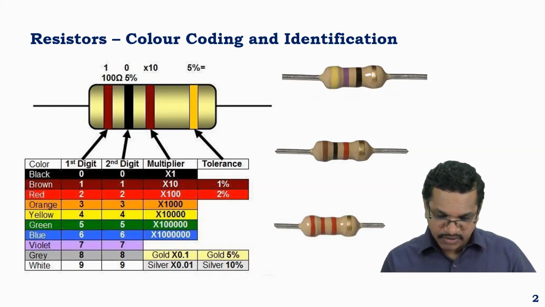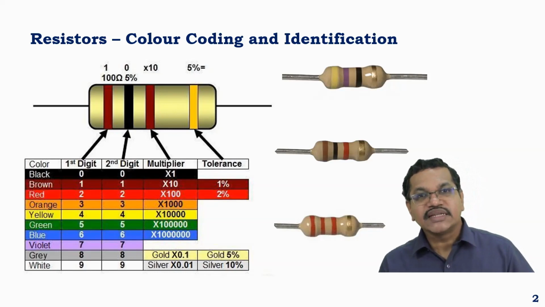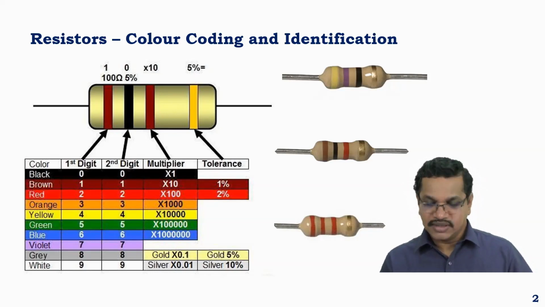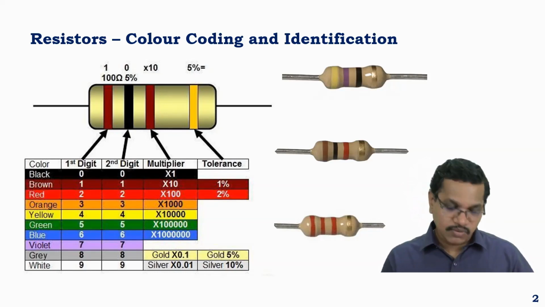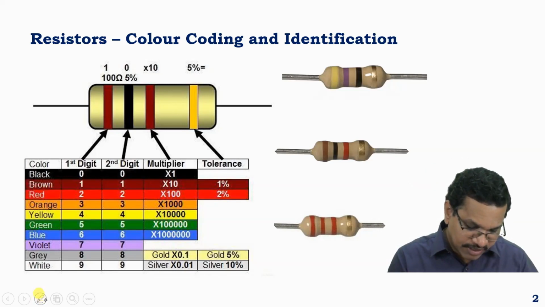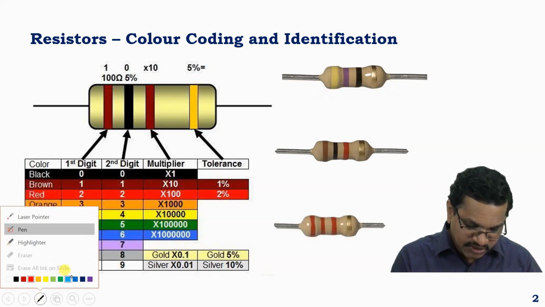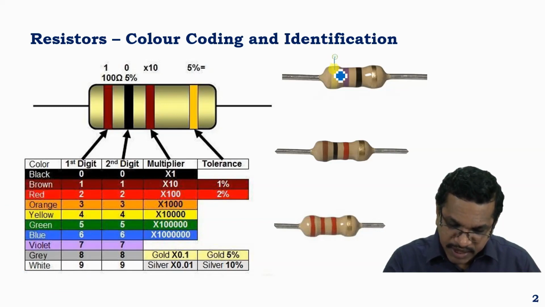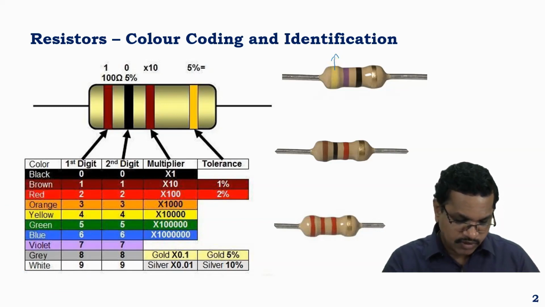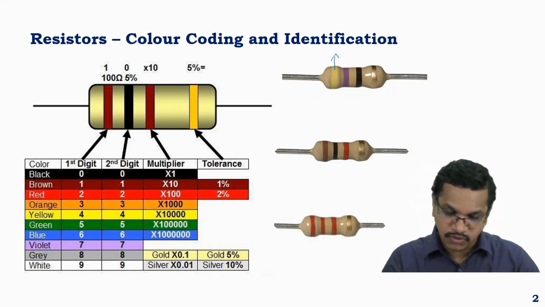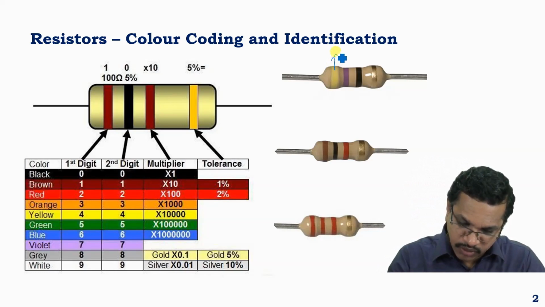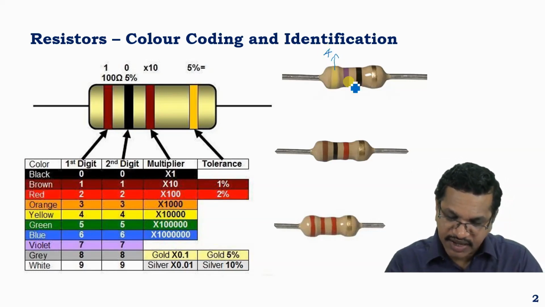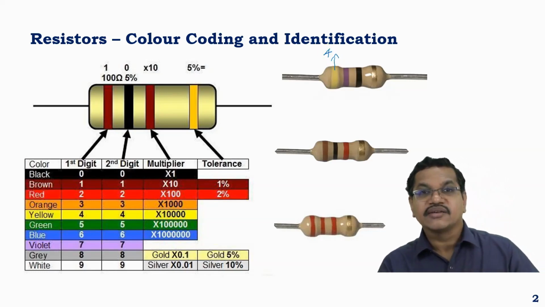Now let us take a few examples. I have given 3 resistors here. We'll try to find out the value of each resistor, one resistor at a time. So firstly, I'll take up the resistor which is given on top. The color of the first band is yellow. Yellow corresponds to digit 4. So I write 4. Second band is violet.